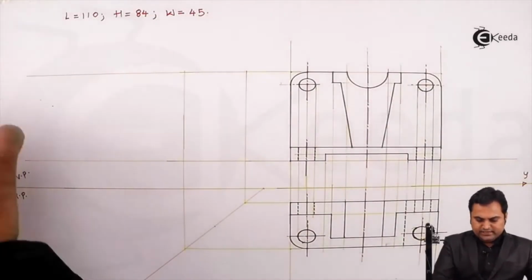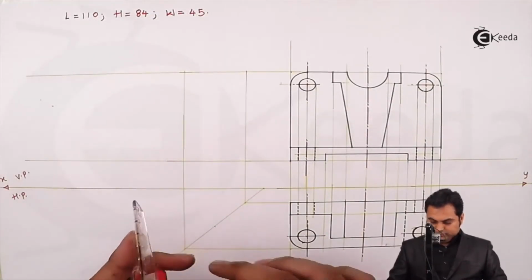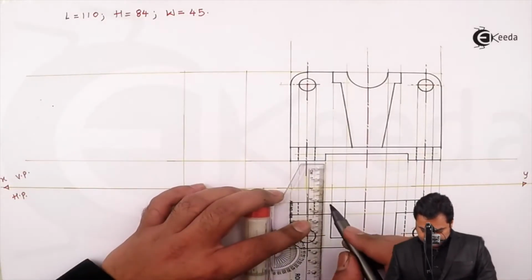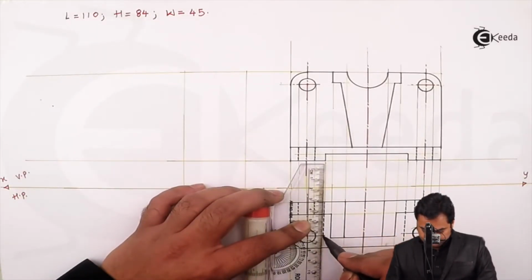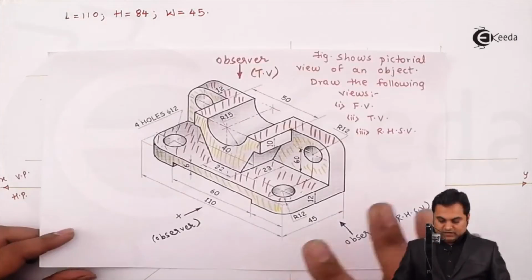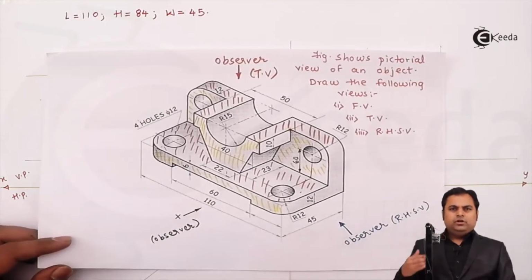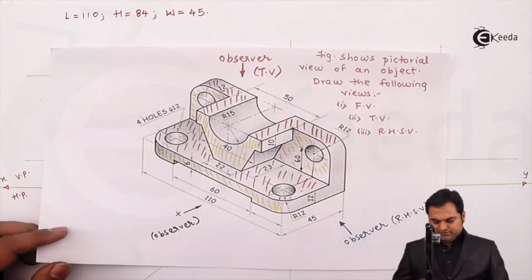So here I was drawing that hidden lines for this cut which is there inside the plate. After reaching up till here, I can say that the top view has been completed with both the hidden as well as the visible portion.